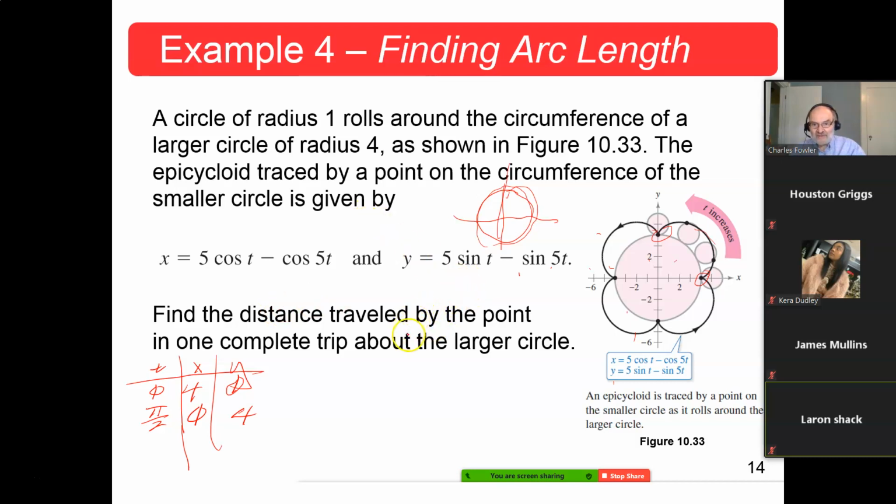Okay, now let's remember what the arc length is. The arc length is equal to the integral from 0 to pi halves. I say halves and write fourths. And you want 4 of these.